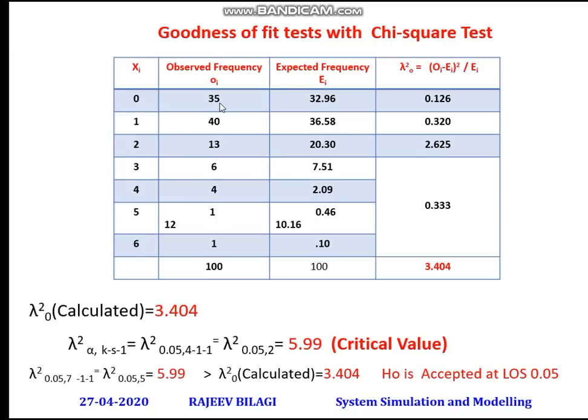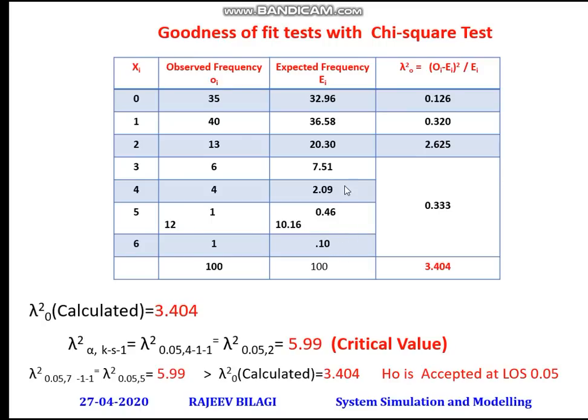The observed frequencies I have here are 35, 40, 13, 6, 4, 1, and the corresponding expected values we have identified like this. But if you look here, the expected values 2.09, 0.46, 0.10, even if you add all three, will not be more than 5.